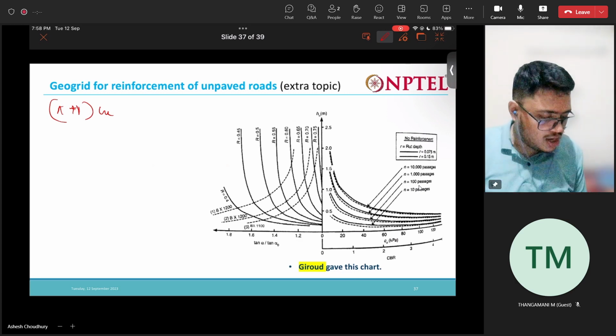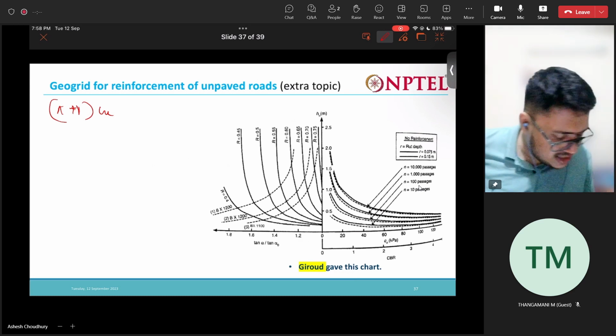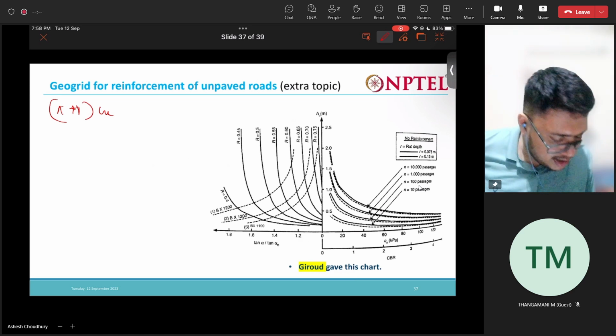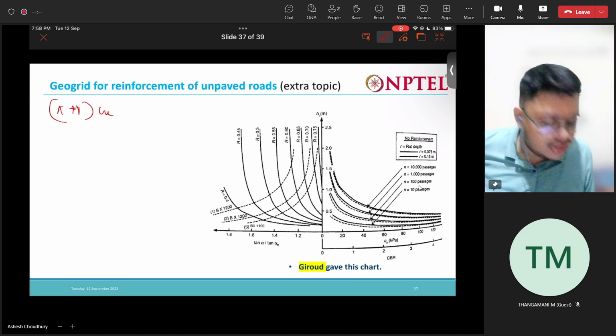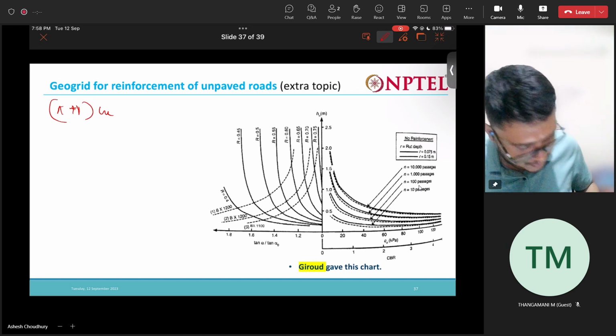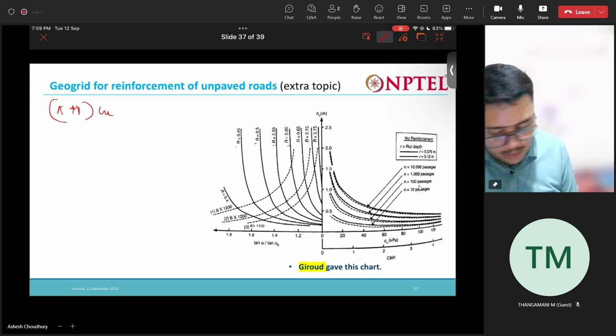So now you can see Giraud gave this chart for rut depths and various R values. The right side of the chart is for H naught, and on the left side of the chart you can determine the reduced height H. You might be wondering what this R is.